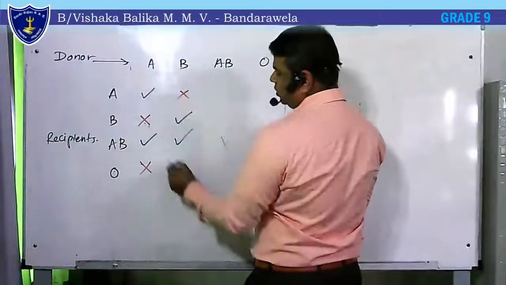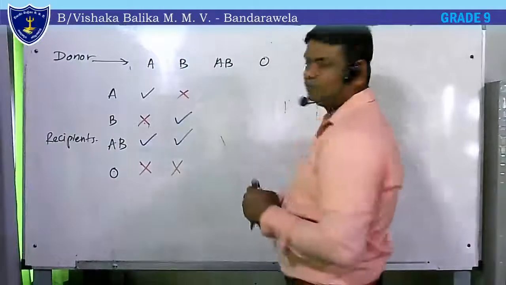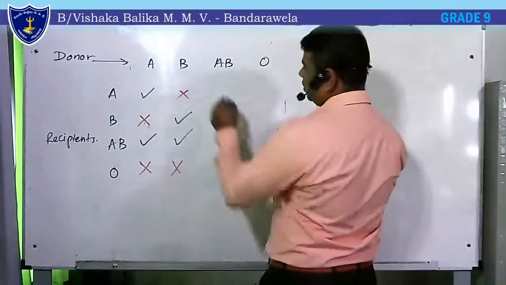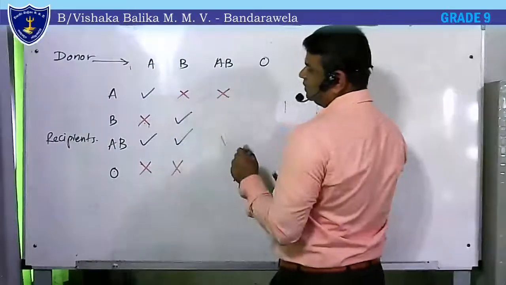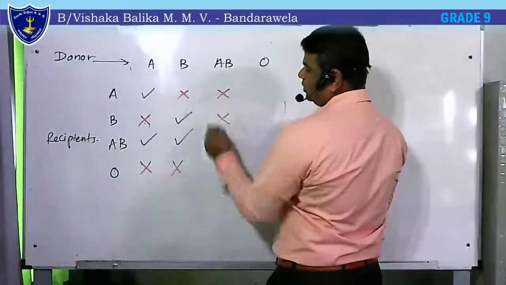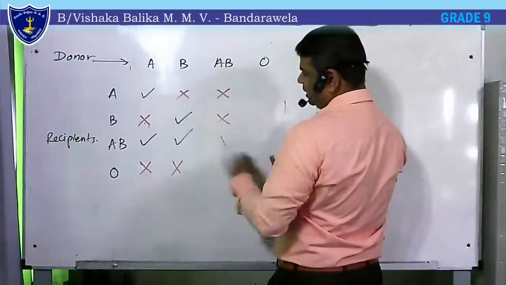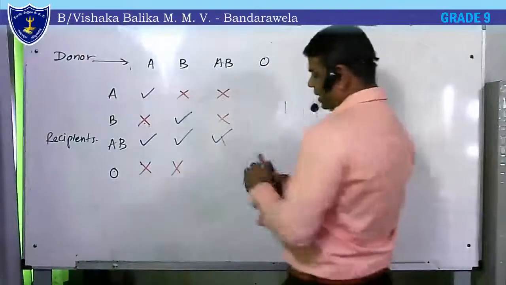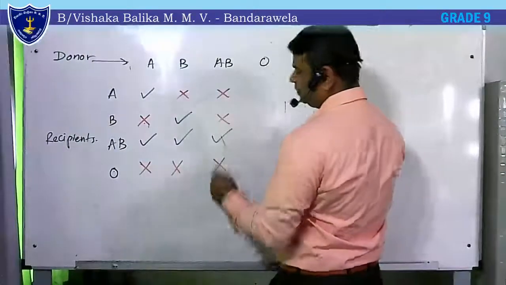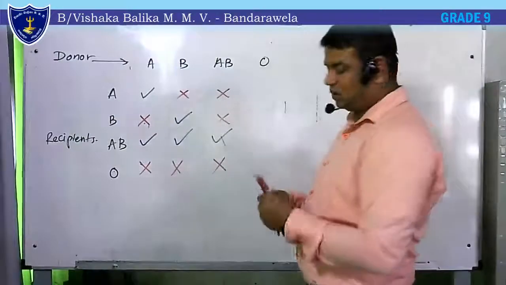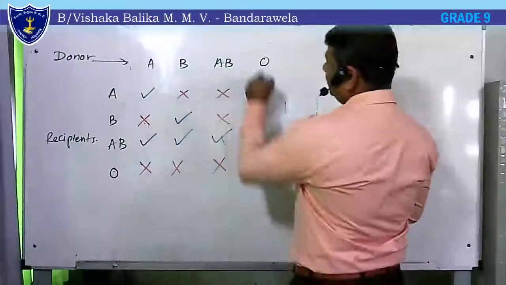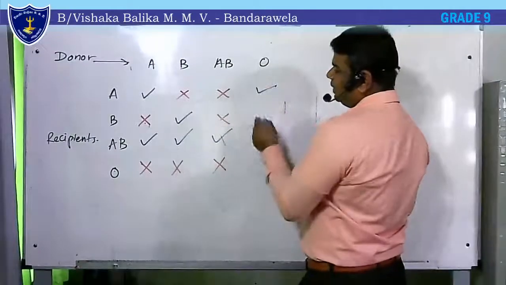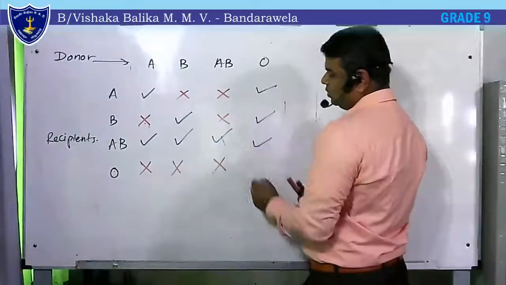B to O, no. Next, AB to A, no, because it has no B antigen. AB to B, no. AB to AB, yes. AB can take and give the same one. And AB to O, no. Then O. O to A, yes, as O has no antigens. O to B, yes. O to AB, yes. O to O, yes.